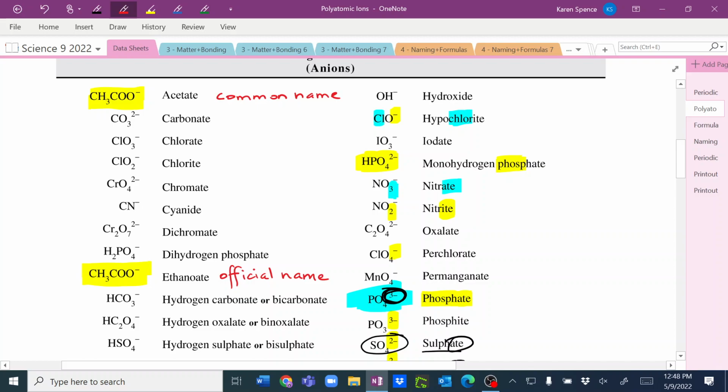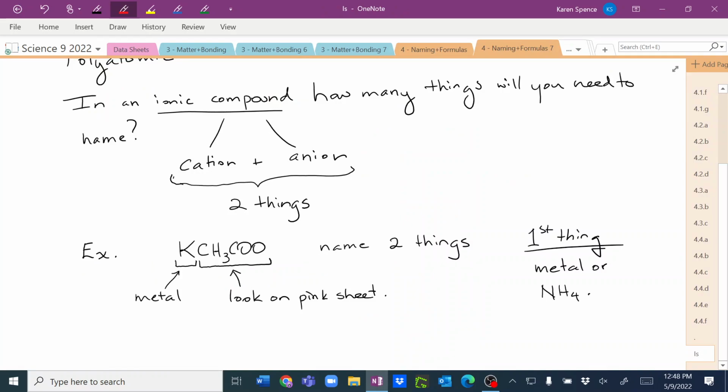So you can use either one, and it doesn't matter. We're going to go with acetate here because I prefer the common name. Most people use the common name. Ethanoate is something you use if you're taking first year organic chemistry or something like that, okay? So going back here, its name is acetate.